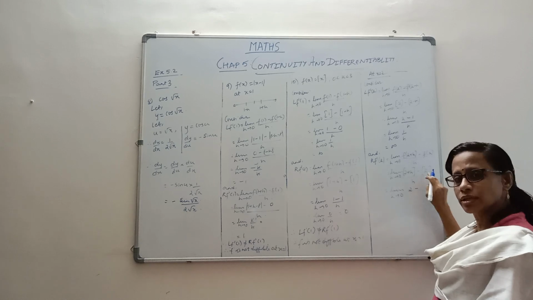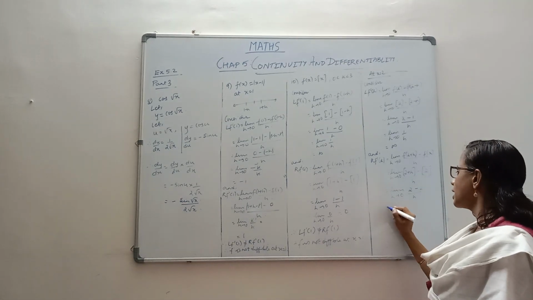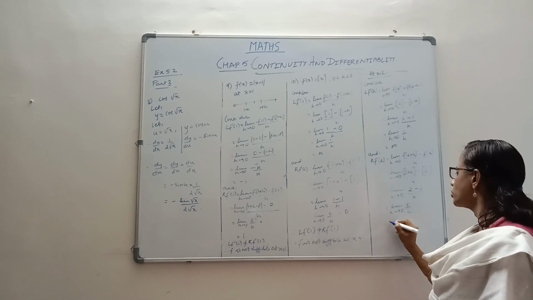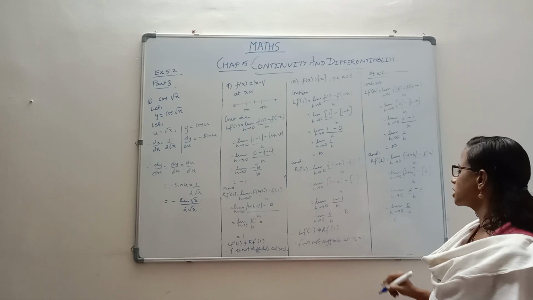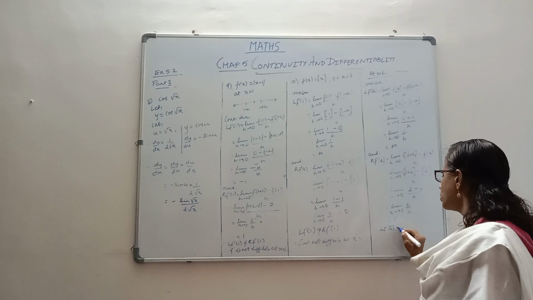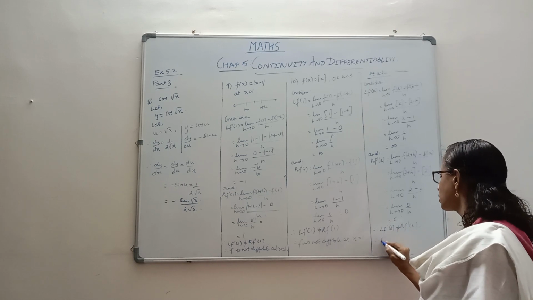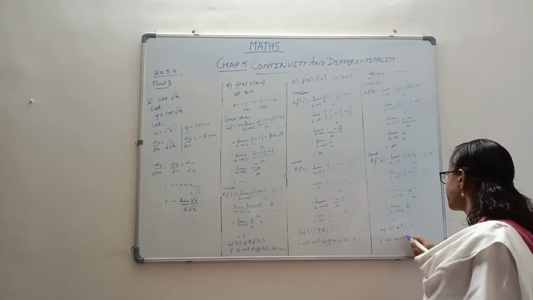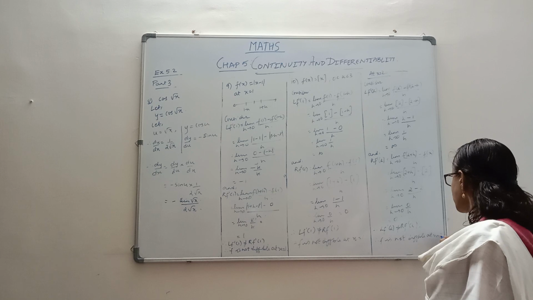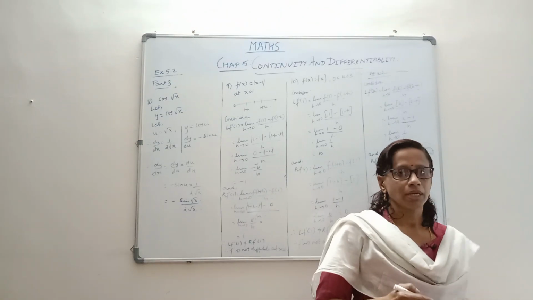For an integer point, the greatest integer is itself, so this is 2 by h. The case is exactly the same as before, so 0 by h. Overall, in limiting conditions, it's going to be 0. So left derivative at 2 is not equal to the right derivative at 2. So f is not differentiable at x equal to 2. They ask us to check the differentiability at 1 and 2, and it is not differentiable at either. That's all about this.